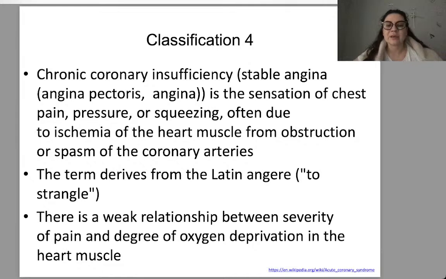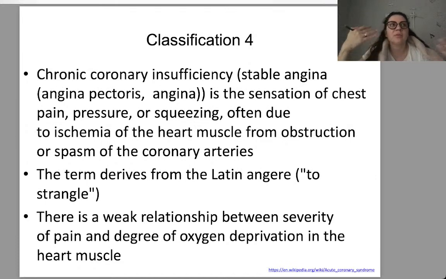There is a weak relationship between severity of pain and degree of oxygen deprivation in the heart muscle. Usually some patients present this relation, but a lot of patients don't keep it, because it can be very severe pain, but ischemia, not MI, and the size of it is not very big.